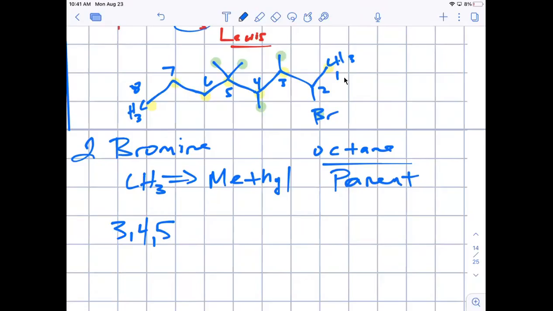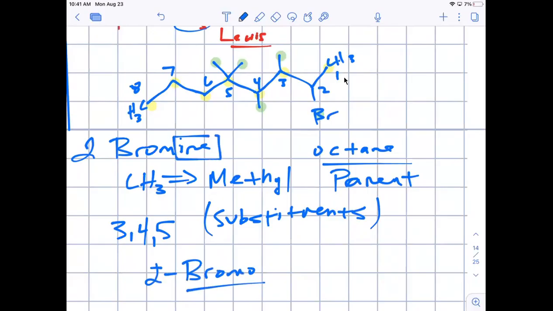All right, so let's see if we can write this name out. Bromine and methyl are your substituents, and you list them in alphabetical order before the parent. So this becomes 2-bromo. If you have a halogen like bromine, you change the suffix to an o. So 2-bromo, now put a dash between that. 3, 4, 5, 5.